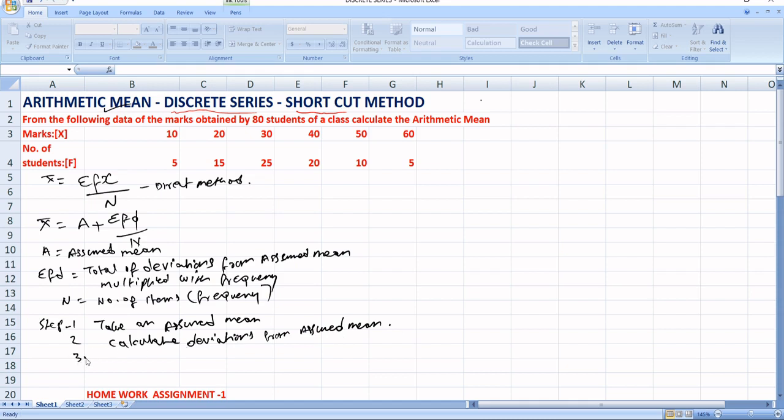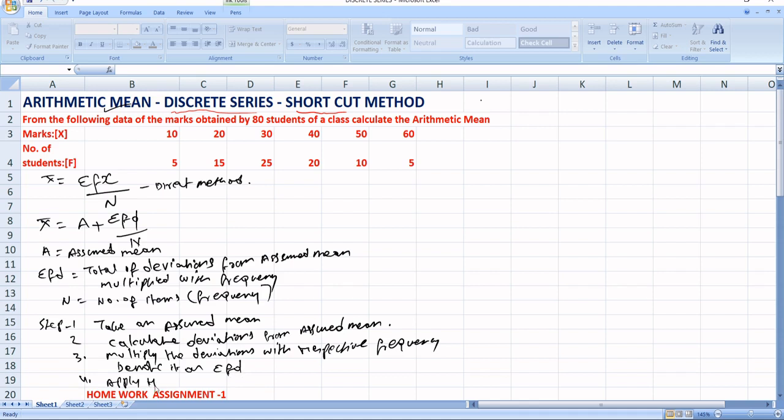And next, multiply the deviations with respective frequency, and denote it as summation fd, and then apply the formula.